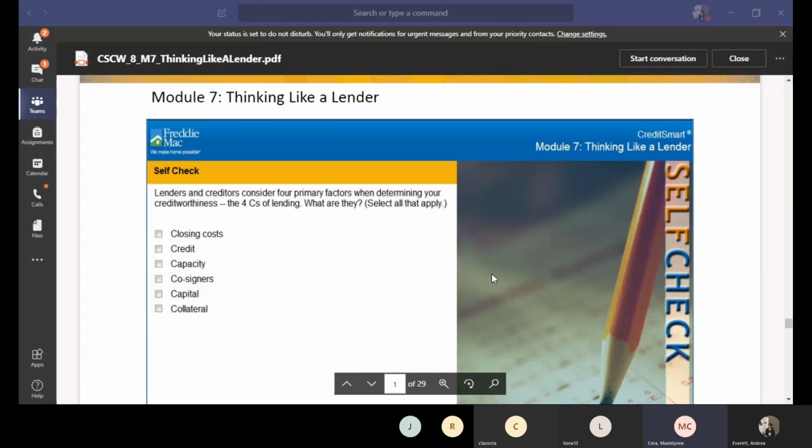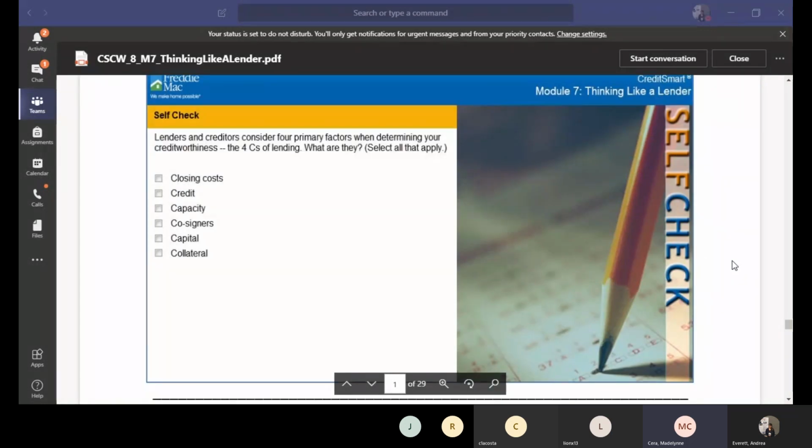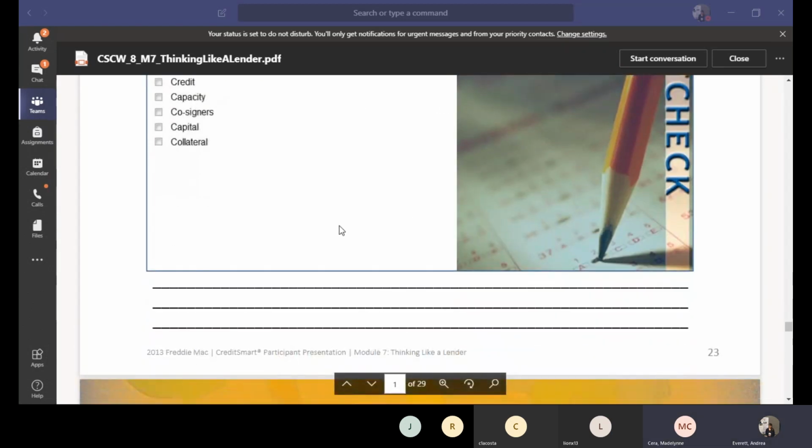Okay. The last 2, capital and collateral. Are those the last 2 of the 4 C's? Yes. Good job, guys.